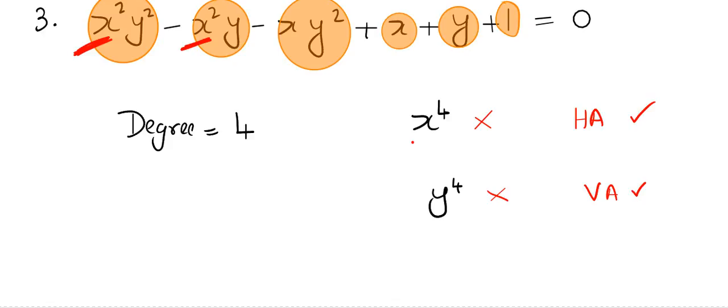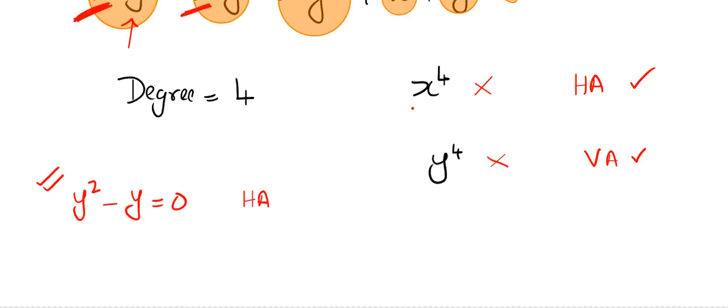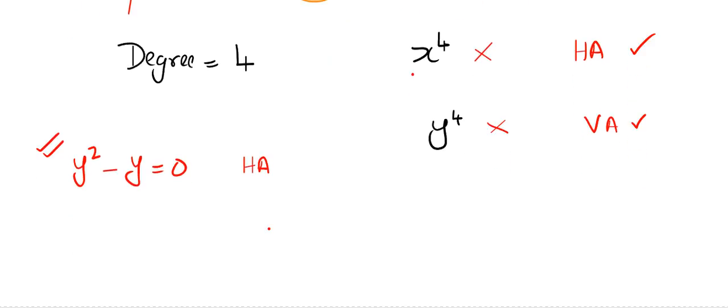Now look at this. The coefficient is y square minus y equated to 0. That's it. This is the combined equation of the horizontal asymptotes. Now if you want to split it, you can do it like this. So the horizontal asymptotes are y equal to 0, y equal to 1.